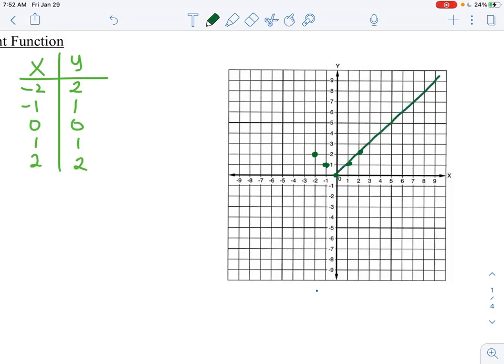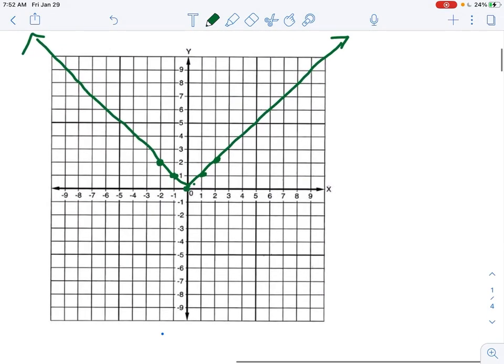It's going to go through that corner all the way up there, and then it'll go through the corner up there. So it looks like a V. This is going to be a straight line with a constant slope on both sides. So I'm going to write that.